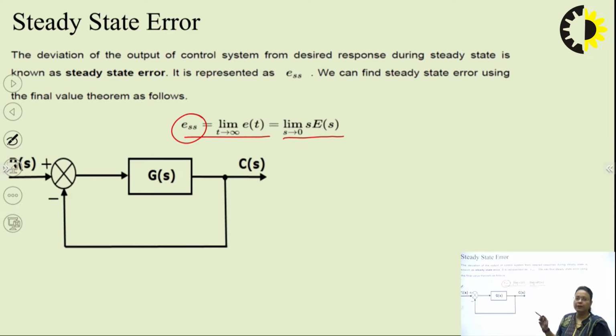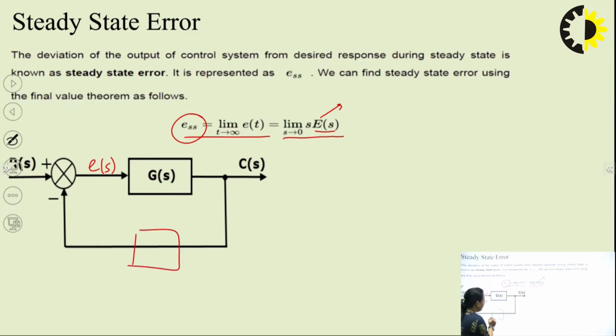So let me derive the value for this error. This is the error which is generated after comparison of the reference input with the feedback from the output. Let's say this is not a unity feedback system. Let G(s) be the forward path gain, H(s) the feedback path gain, and let B(s) be the signal received from H(s).